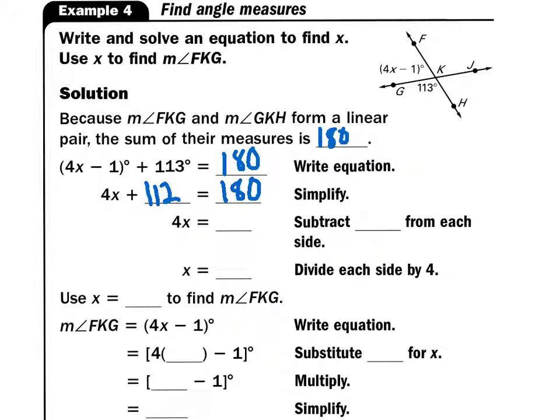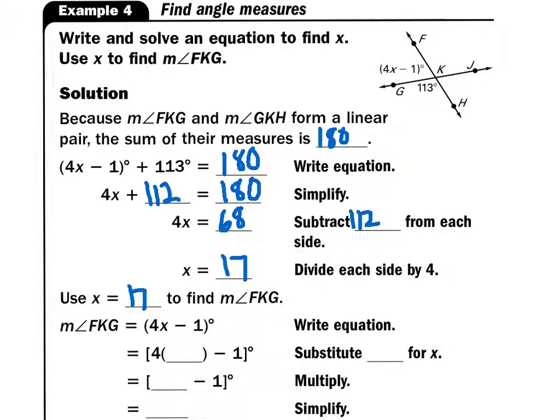And then we can subtract 112 from both sides to get 4x equals 68. And then we can divide by 4 to get x equals 17. Now we're going to use x equals 17 to find the measure of angle FKG.